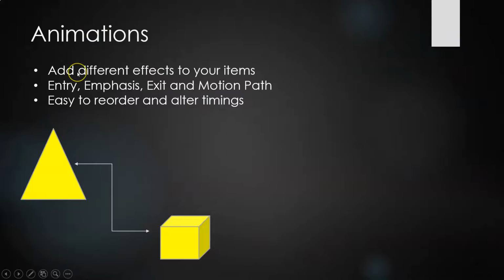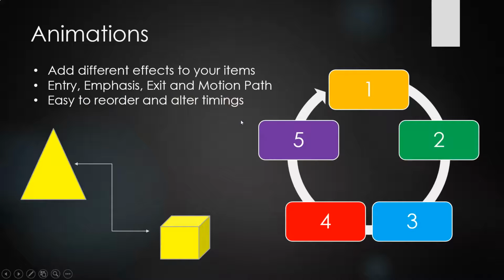You can add animations where things move either through entry animations, emphasis animations, exit animations, or motion paths. So you can also reorder the order in which they happen. So you can see there that rather than the shapes and the cycle just being there already, you can make it appear in a certain way.